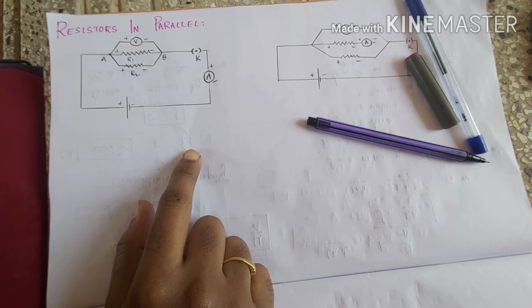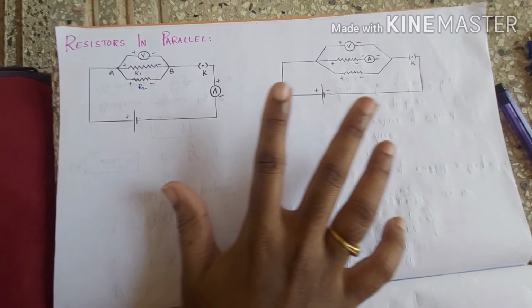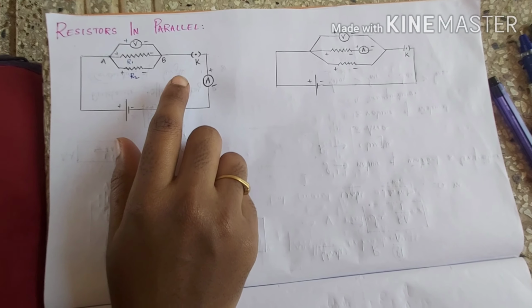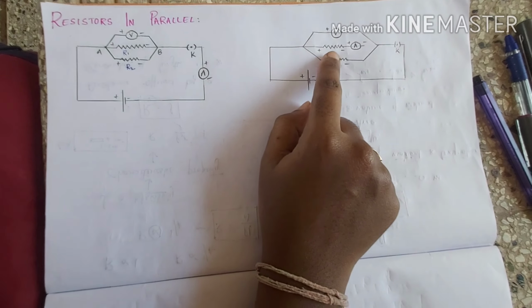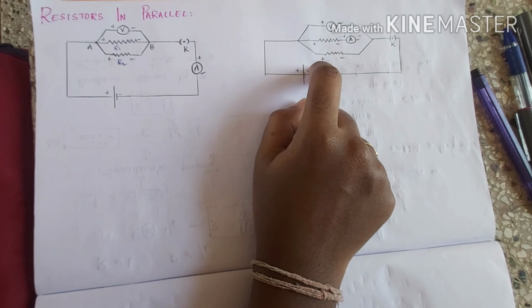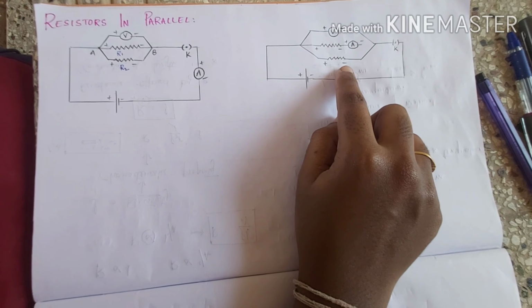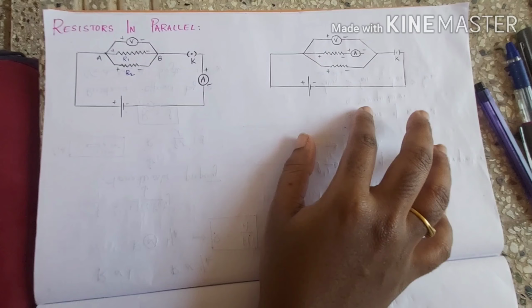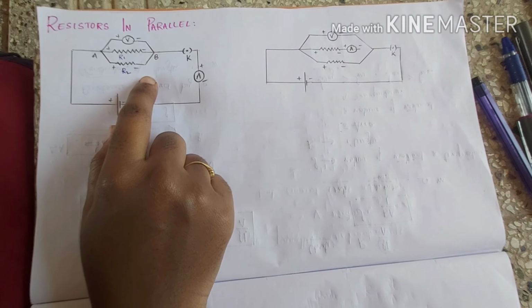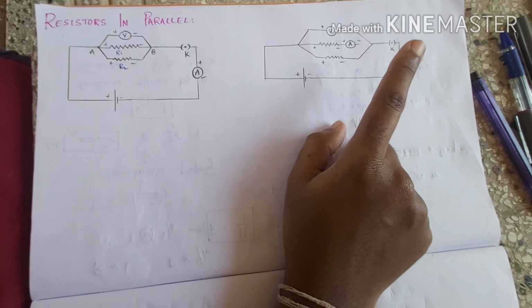In order to check that, we'll connect two different circuits, one in which resistor 1 is connected in series with an ammeter, and resistance 2 again is connected in series with an ammeter. Just for your reference, I have drawn resistance R1 connected in series with ammeter 1.